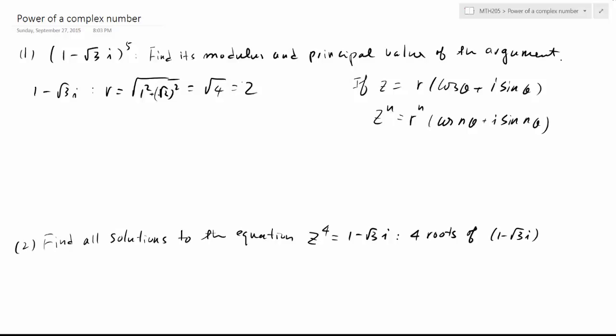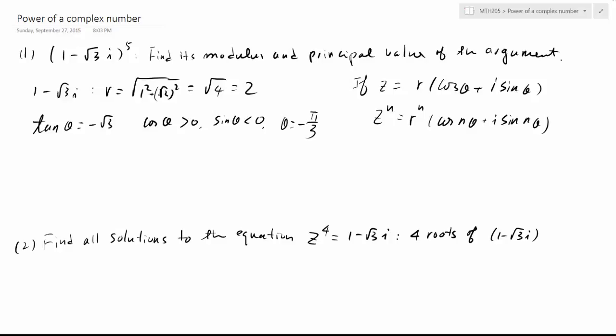But this time, we need to be careful because if we pull out 2, we see that tangent theta is going to be negative root 3. But cosine theta, which contributes to the real part, is positive, and sine theta is negative. So we must have theta equal to negative pi over 3.